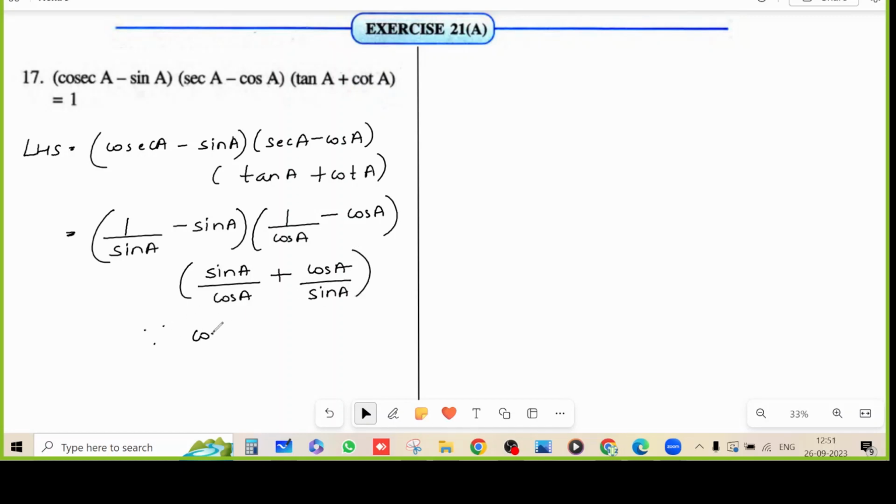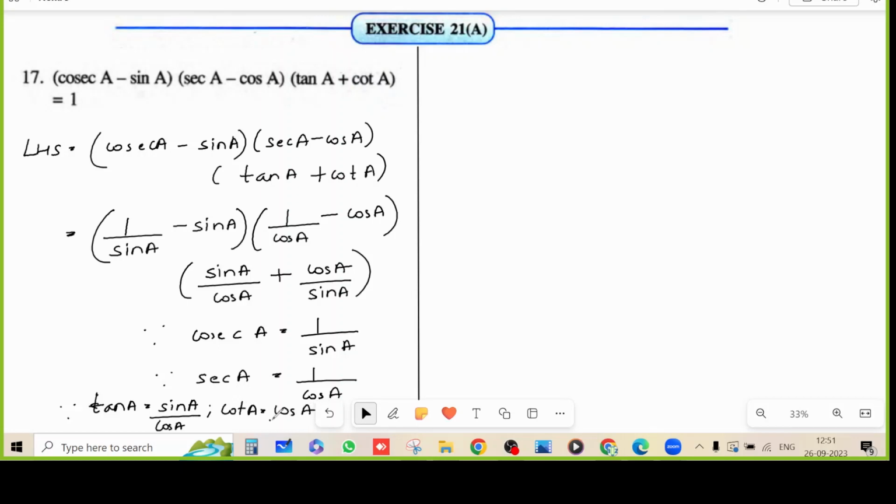So the reasoning is cosec A is equal to 1 upon sin A, sec A is equal to 1 upon cos A, tan A is equal to sin A upon cos A, and cot A is equal to cos A upon sin A. Now we will take the LCM here.